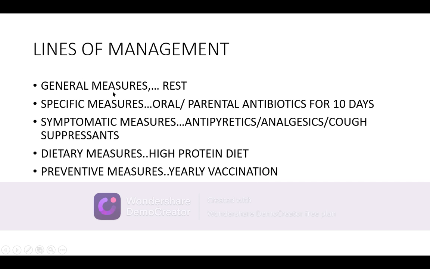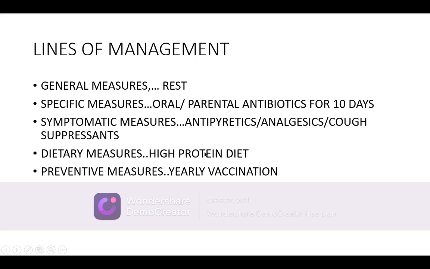The lines of management: the general measure is rest; as a specific measure you give oral or parenteral antibiotics for 10 days; symptomatic measures, antipyretics, analgesics, and cough suppressants can be used. Dietary measures: a high protein diet should be given, not carbohydrate. Carbohydrate should be cut off because it will produce more carbon dioxide and there are chances of hypercapnia or carbon dioxide retention.